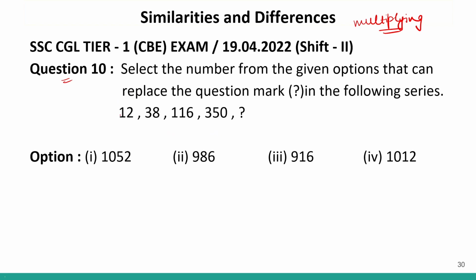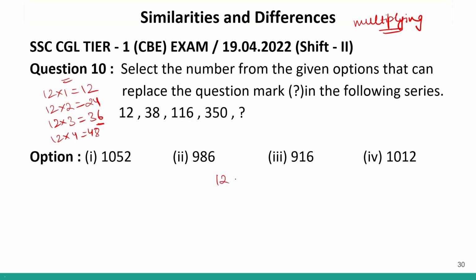Now, if I look at 12 and 38, 38 is not directly in multiplication with 12 because 12 one time will give us 12, 12 2 times will give us 24, 12 3 times will give us 36, and then 12 4 times will give us 48. So this number lies somewhere between this, right?